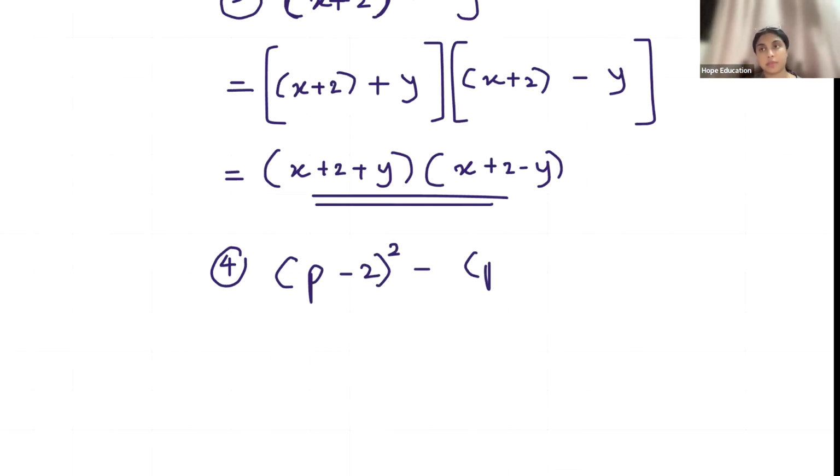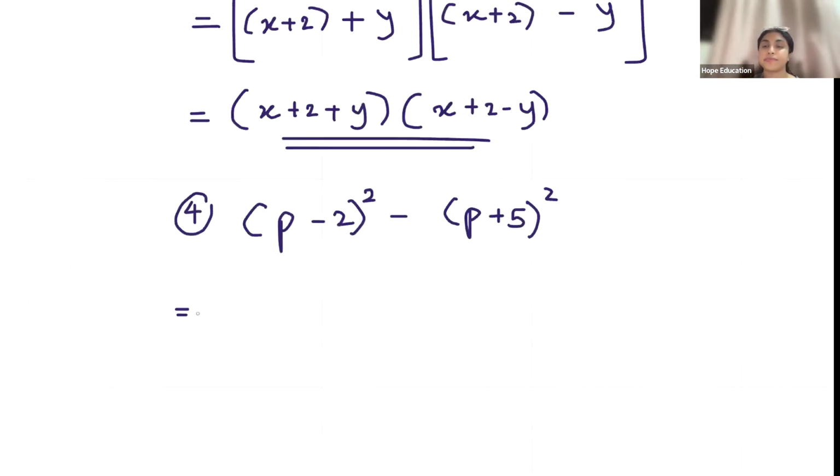There is a difference, that means there is a negative. So it's a difference. Now, since there are already curly brackets, in order to avoid confusion, I will put square brackets. From P minus 2 squared, one P minus 2 I put in this bracket.